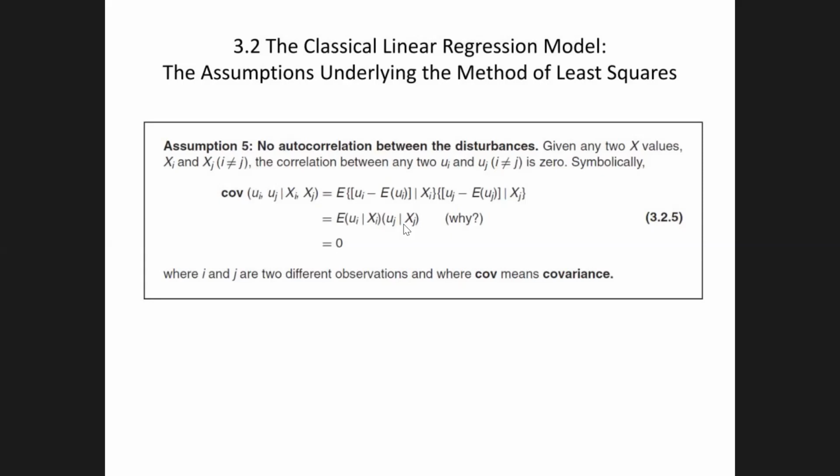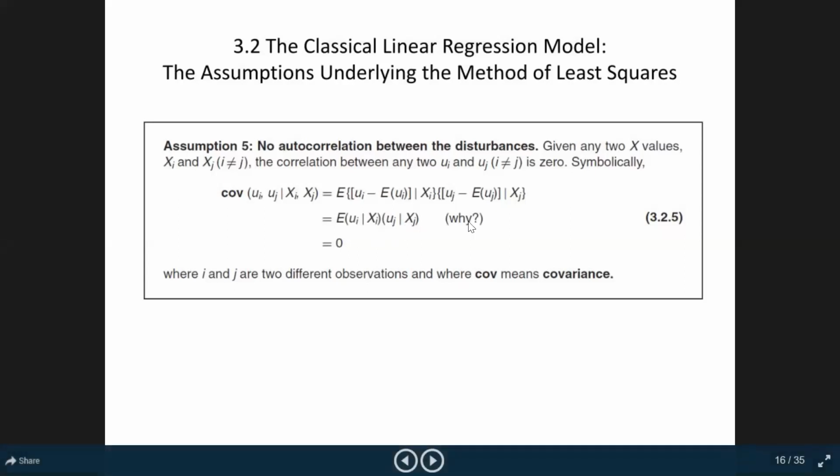Symbolically, covariance of ui, uj for the given value of xi, xj is equal to expected value of ui minus its mean, which is expected value of ui for the given value of xi, similarly uj minus conditional mean of uj, which is expected value of uj for the given value of xj.